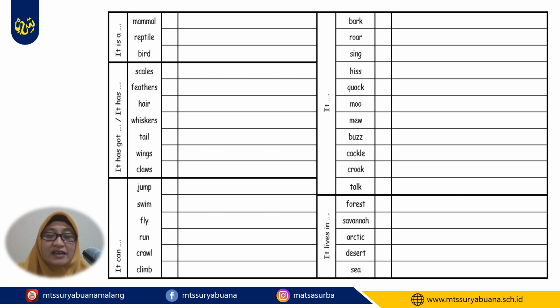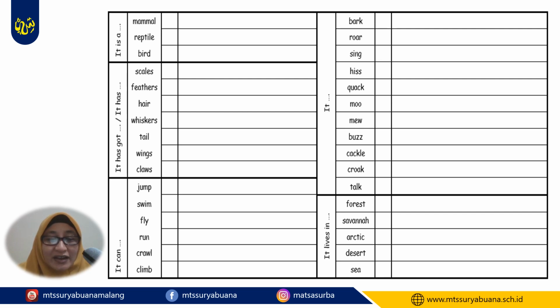Next: scales, feathers, hair, whiskers, tail, wings, claws. This one describes what the animal has. We can say it has got scales or it has scales, for example.